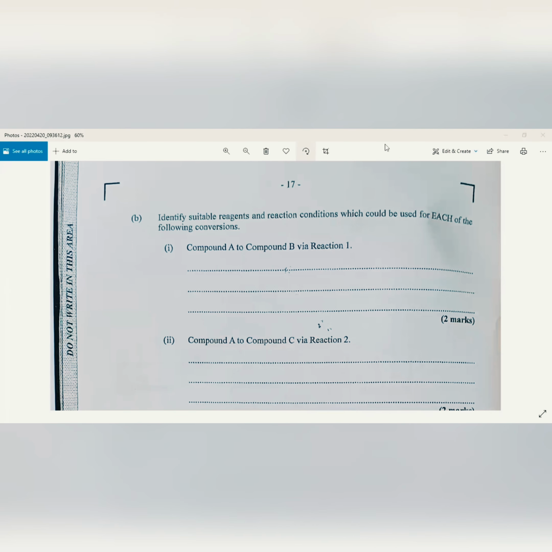Okay, so we proceed with this question. For part B, it says now identify suitable reagents and reaction conditions which could be used for each of the following conversions. Compound A to compound B via reaction 1. Now, if you remember carefully, you can go back in the video and look at it again. Reaction 1 was hydrogenation. So what are the conditions for hydrogenation?